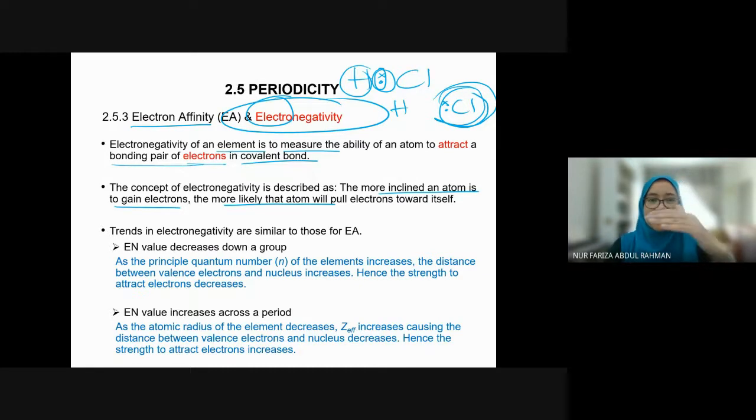Across a period, the elements that prefer to accept electrons are the ones at the most right of the periodic table, except for group 18. How about the trend? Same, the trend in electronegativity is similar to that for EA. Down the group, you have to mention that the quantum number increases, shielding effect increases, distance becomes larger, therefore the strength to attract electrons decreases, so lower electronegativity.